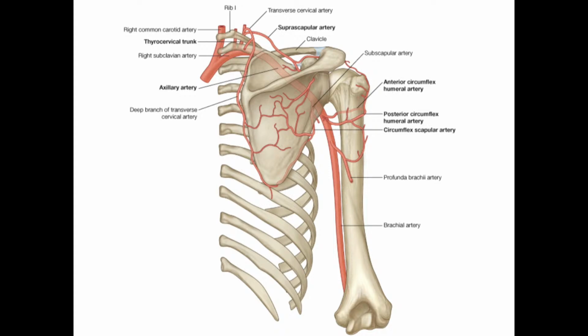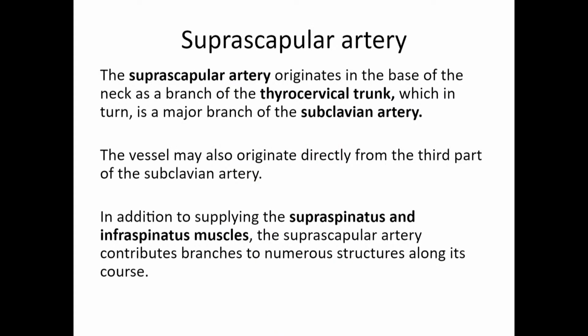The suprascapular artery is the major artery that we mentioned, and it originates at the base of the neck as a branch of the thyrocervical trunk, which in turn is a branch of the subclavian artery.